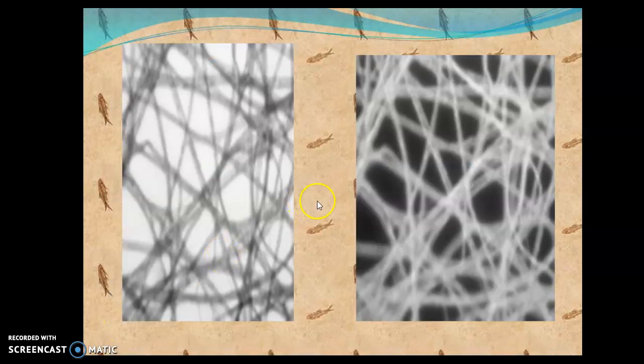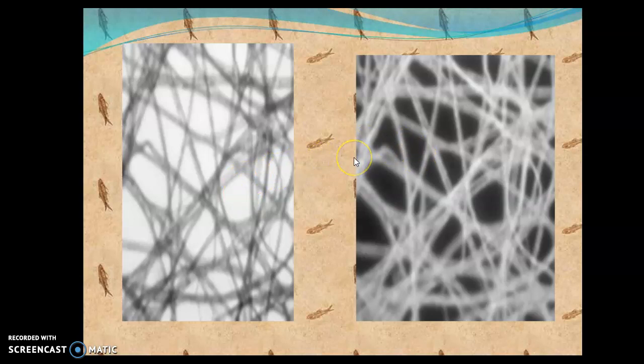If you observe this slide, you will see the difference between dark field and bright field microscopy. This is the normal representation of tissue paper observed under both, this one is the bright field and this one is the dark field. Just compare these two images.